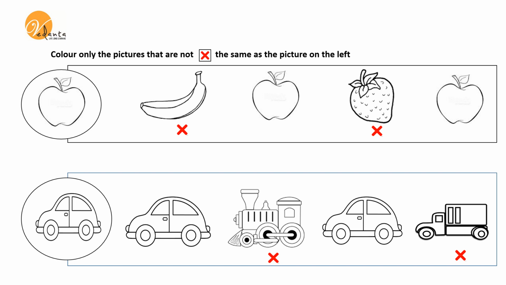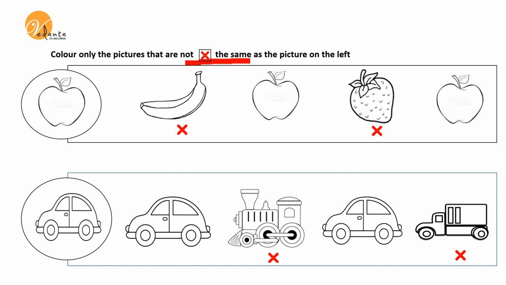Before going to the next sheet, let me do an exercise and explain you a concept. Here, I'm going to color only the pictures that are not the same as the picture on the left. Not the same means different.